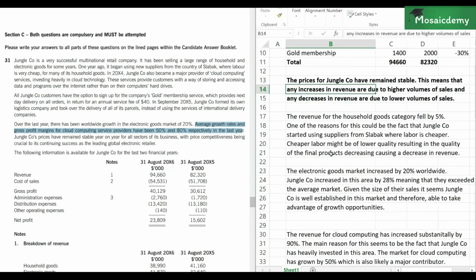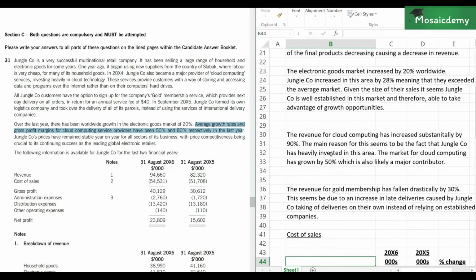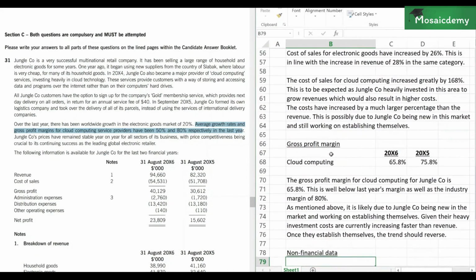And by making this point right at the top, we're setting the precedent. Now the marker will read this and then automatically keep this in mind when he reads through the rest of our points, right? Okay, so that's why we put it right on the top.